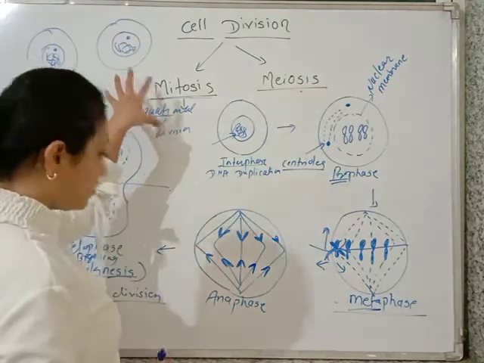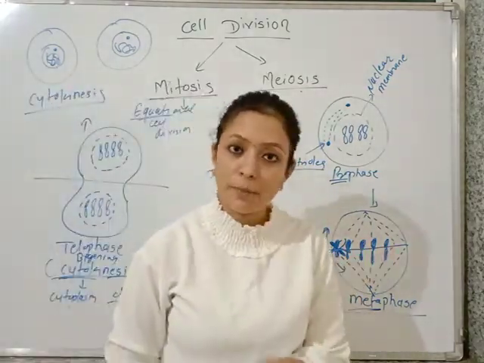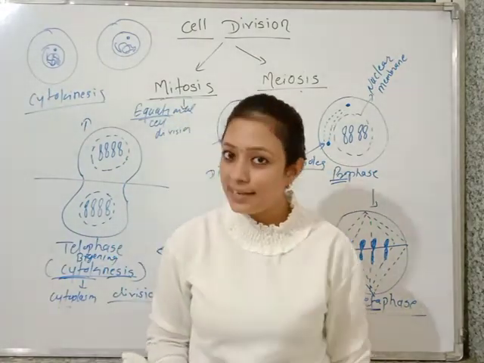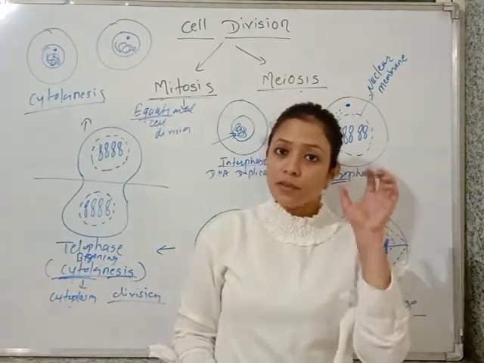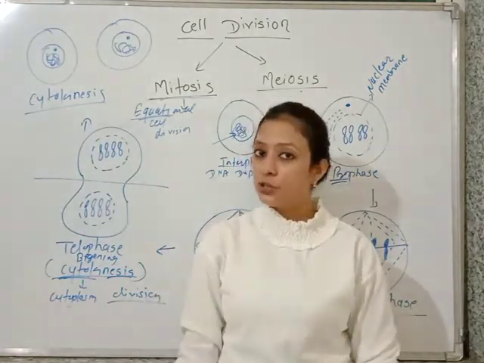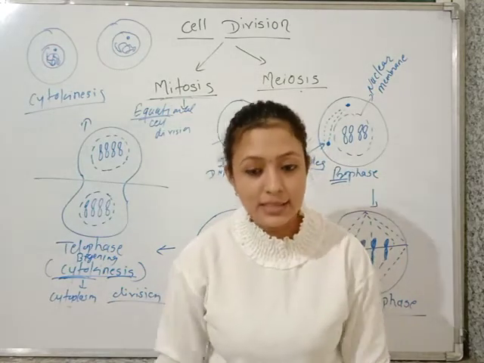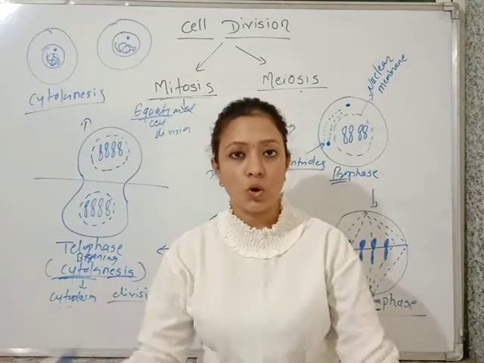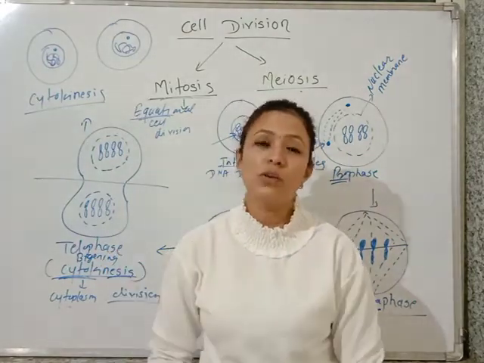Before this, I would like to tell you the importance of mitosis once again. Mitosis is a kind of cell division where the chromosome number is maintained from one generation to the next, and it especially occurs for the growth of an organism and of course for the repair of the body.